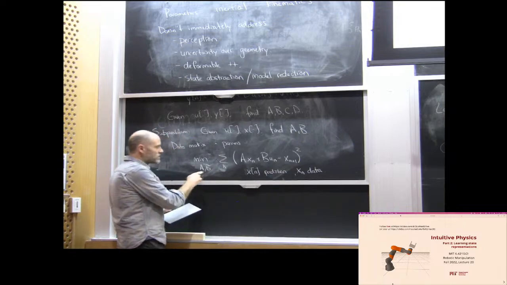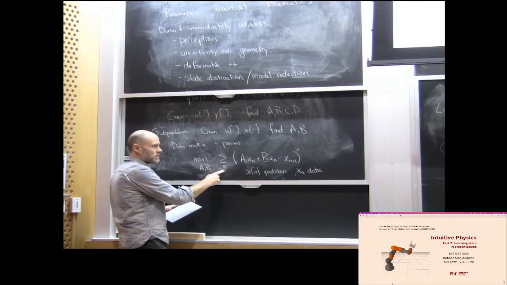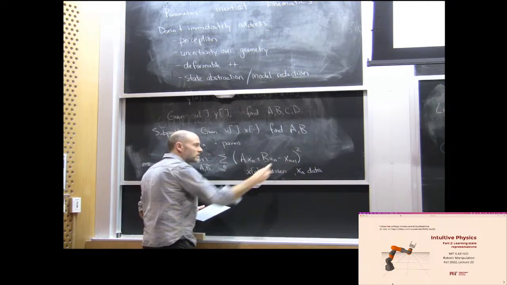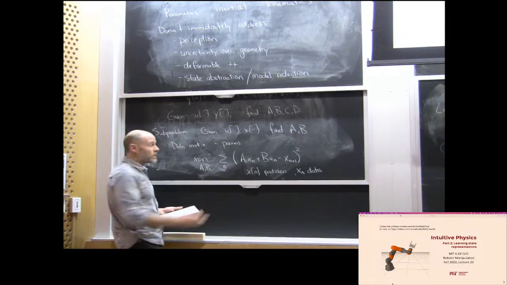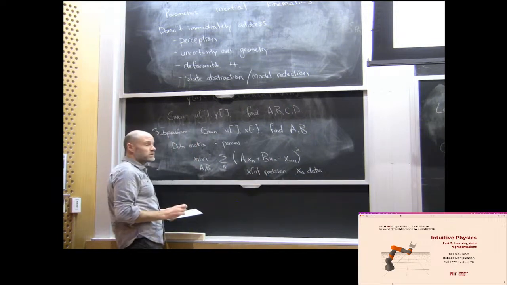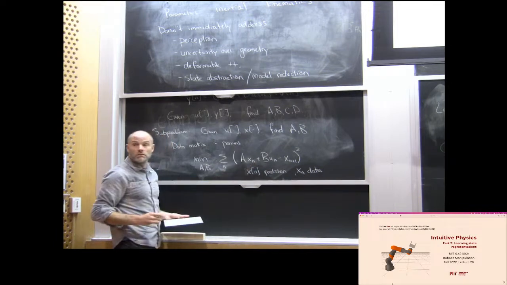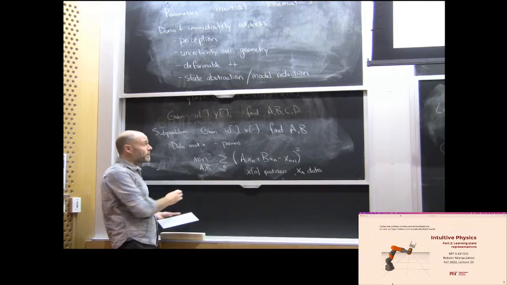Okay, over all of my data n, I'd like to just find the A and B that make that least squares residual as small as possible. That's a one-step prediction error, and I just want to find the minimum over A and B. Is that clear? Yeah.